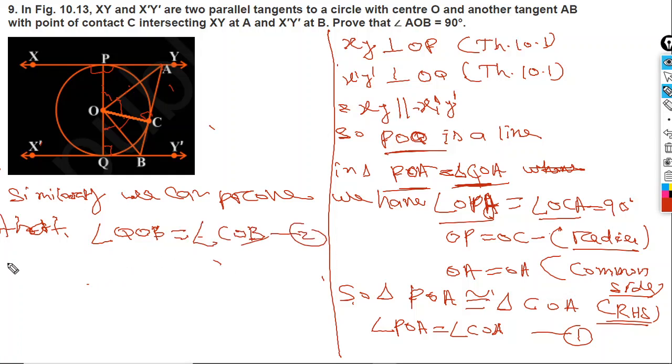So here, as POQ is a line, the sum of all these four angles will be equal to 180 degrees.